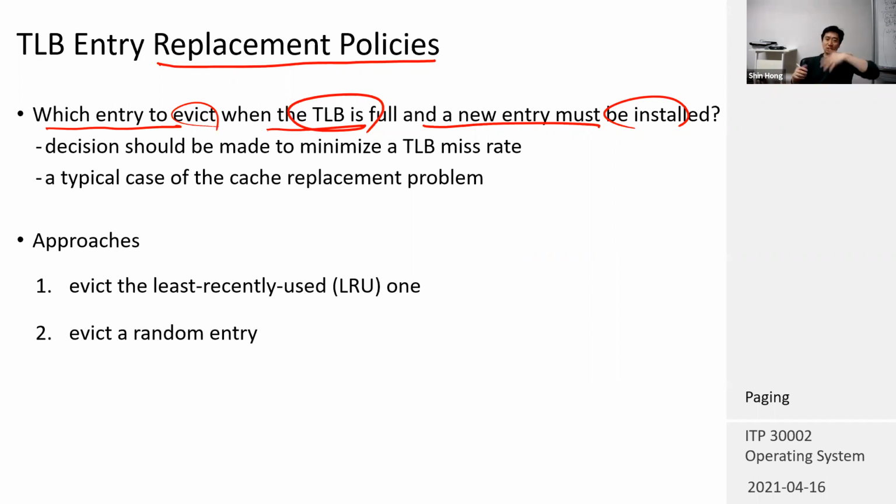So if you use something fancy, you could, but there's no time for that. Just something simple, quick, but still reasonable to some extent. So the decision should be made to minimize the TLB miss rate, while also not incurring much time overhead. Okay, so it's a multi-objective problem.